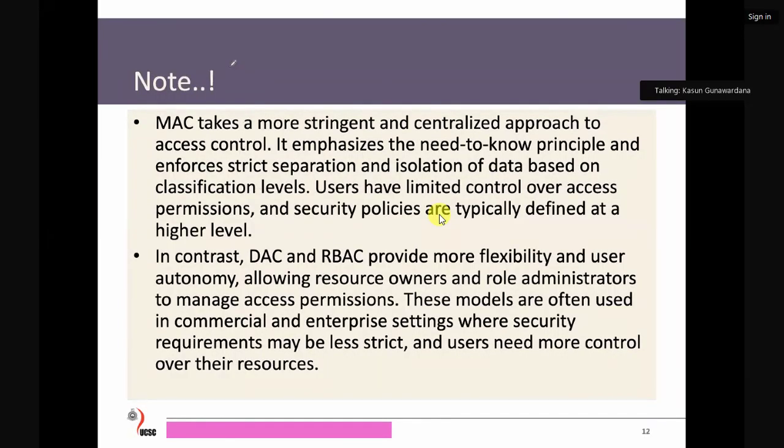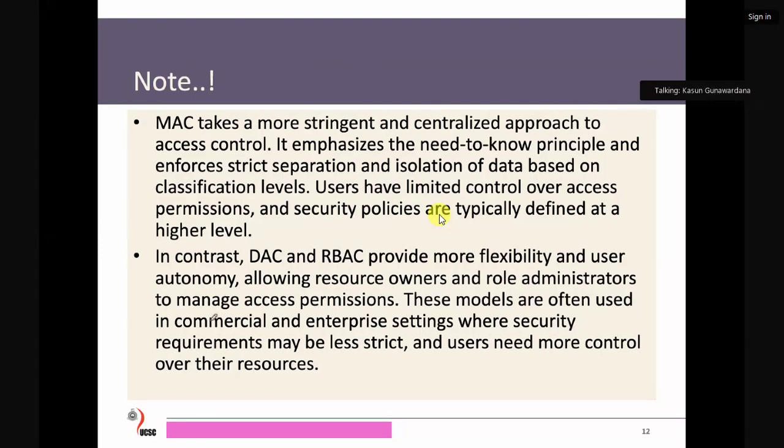As a side note, I will introduce this. MAC takes a more stringent and centralized approach to access control. It emphasizes the need to know principle and enforces strict separation and isolation of data based on classification levels. Users have limited control over access permissions, and security policies are typically defined at a higher level.